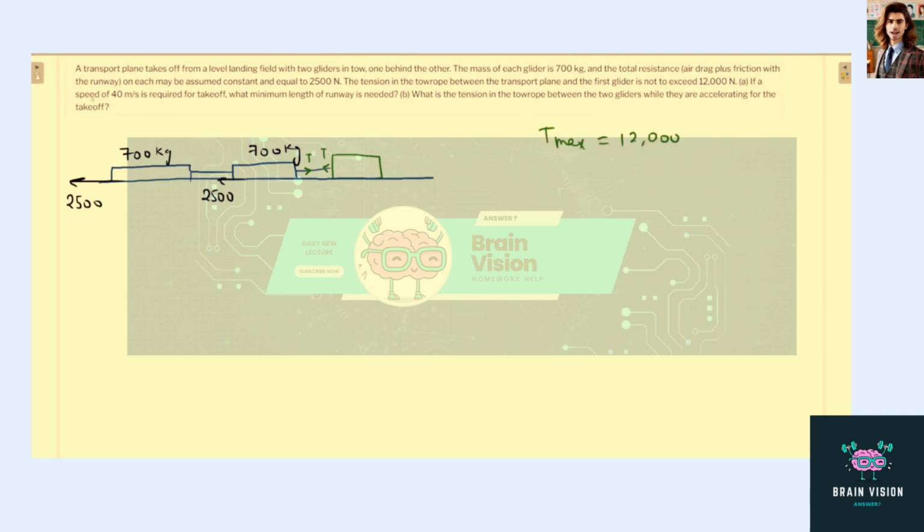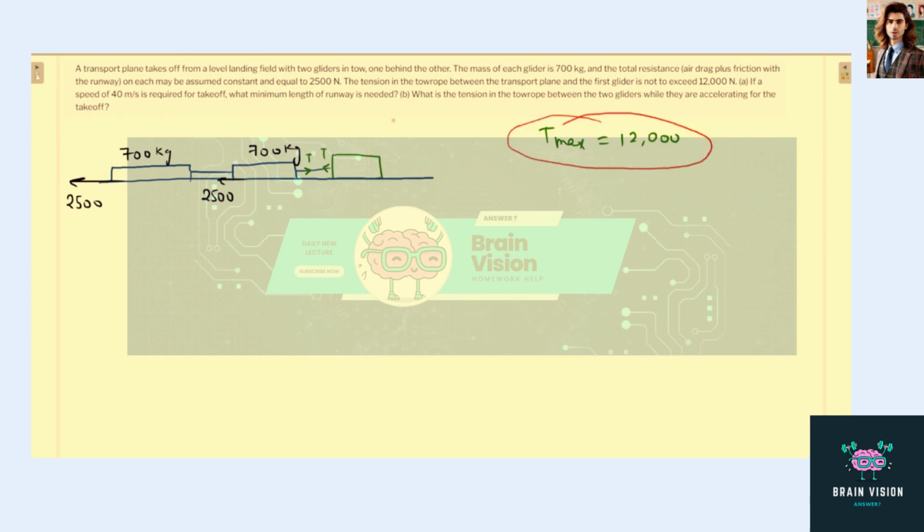If a speed of 40 meters per second is required to take off, what is the minimum length of the runway required? The minimum length of the runway means how much minimum the plane should travel, and the minimum distance is traveled when the acceleration is maximum, and the acceleration is maximum when the force is maximum.